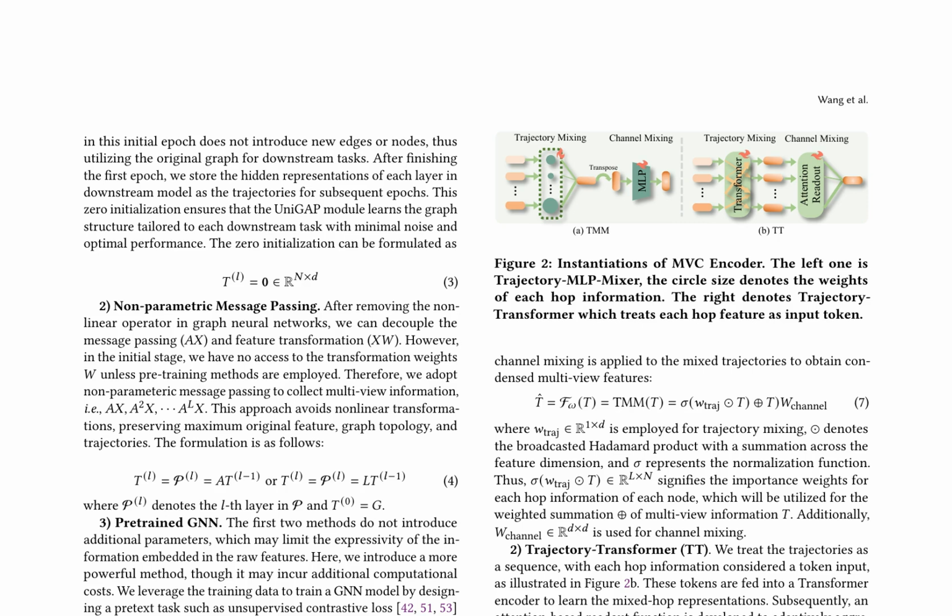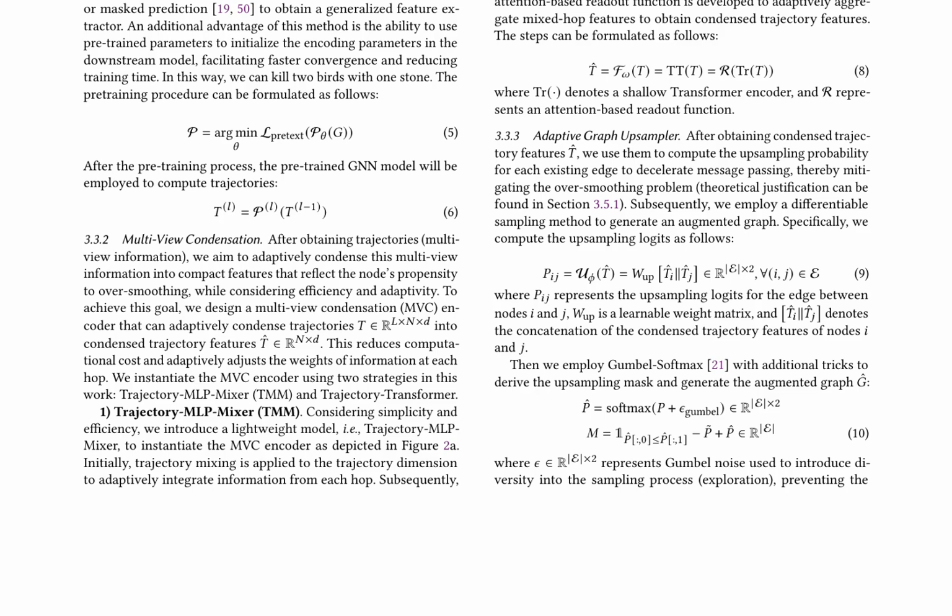The paper provides an overview of UniGAP, detailing each component in depth. It discusses three strategies for trajectory computation: zero initialization, nonparametric message passing, and pre-trained GNN. For the multiview condensation, two strategies are introduced: trajectory MLP mixer, TMM, and trajectory transformer.